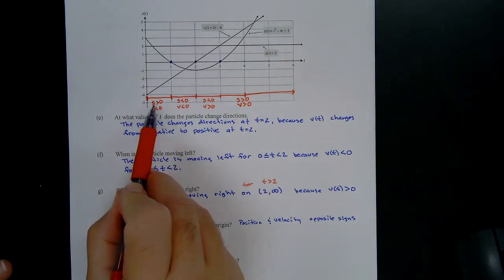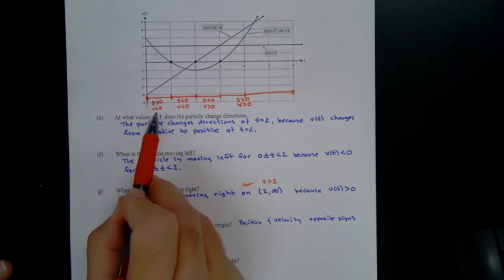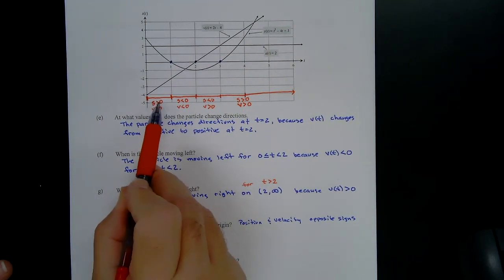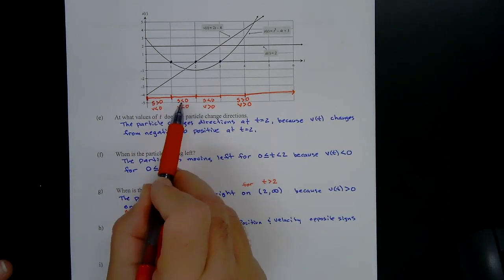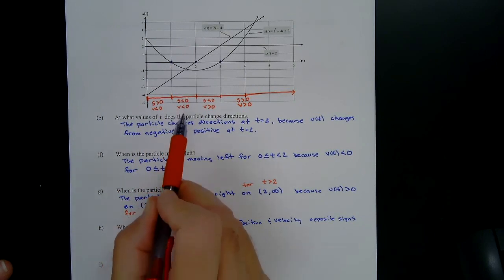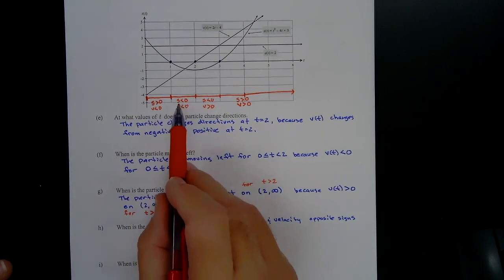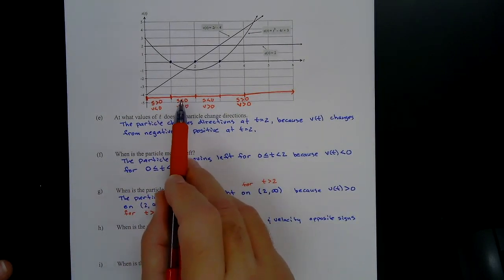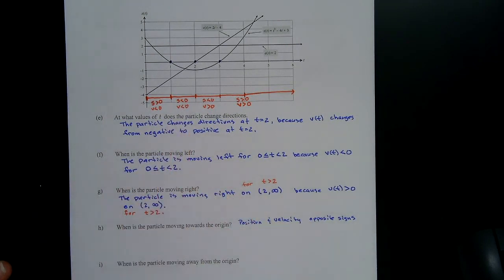Right here, this means you are on the right side, but you're moving left. Right side, moving left, you're moving towards the origin. This next one, you're on the left side and you're moving left.